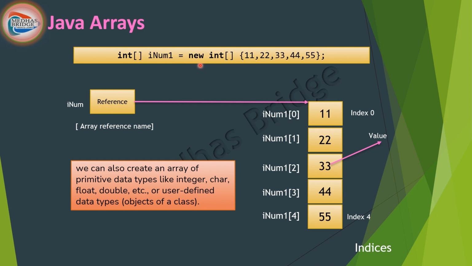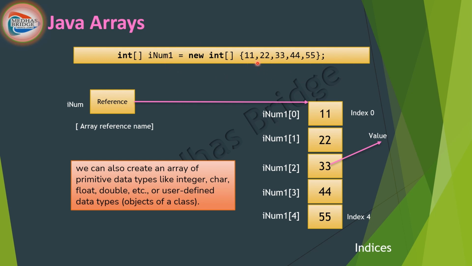What sort of memory are you going to allocate? Int array. This means you are trying to allocate contiguous memory locations of type int and referring to them with inum. So inum is now holding the base address of the newly created memory locations, and from there you are going to index them.